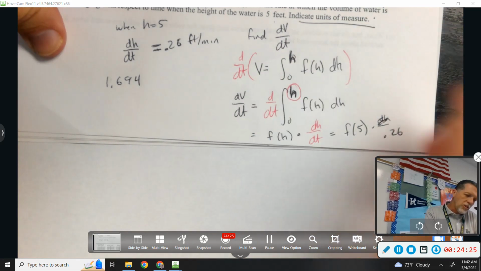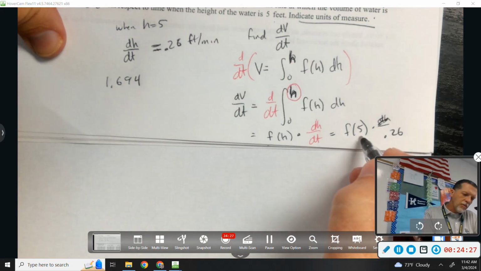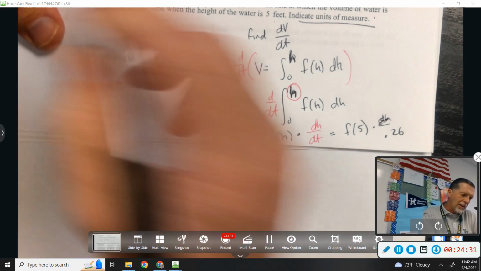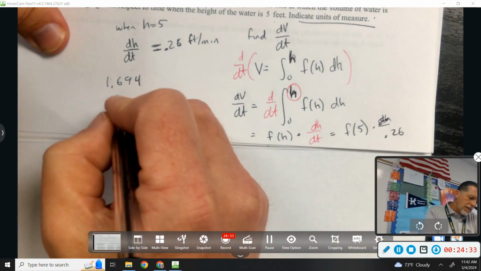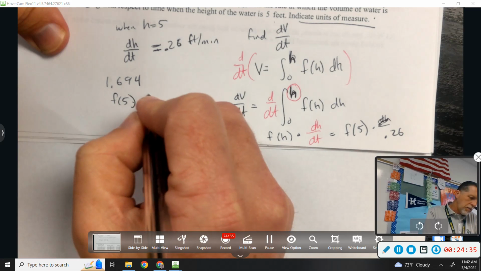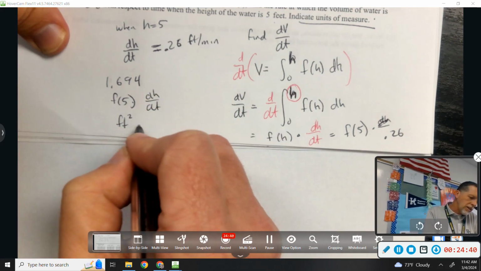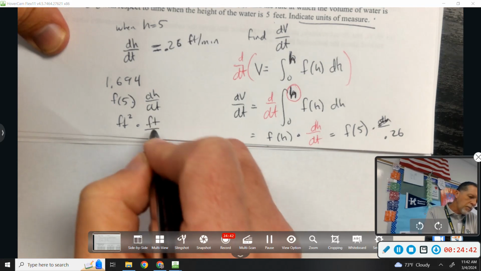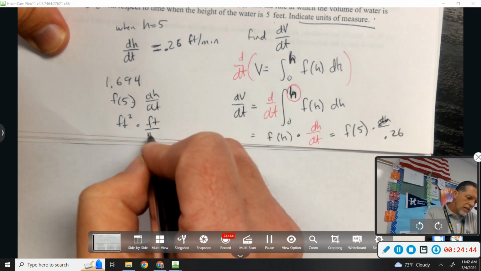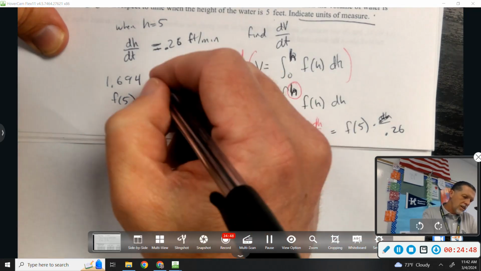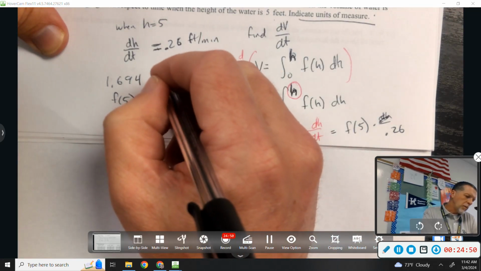Units of measure again. F of 5 was the area. F of 5 times dH dt, that's what we did. So area would be feet squared. dH dt is feet per minute. So if I multiply those two together, I get feet cubed per minute.